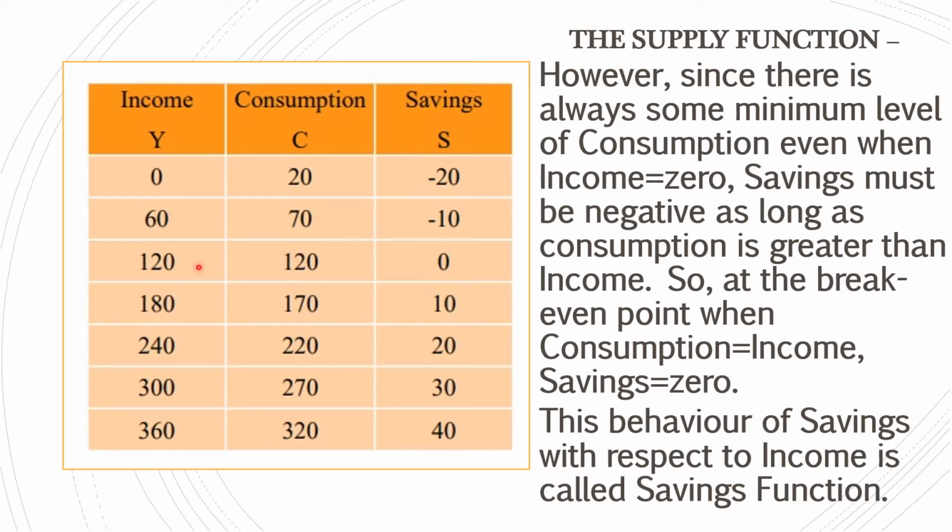You can see here in the table, 120 is equal to 120. So therefore we say at break-even point, that is when consumption is equal to income, savings is equal to 0. This behavior of savings with respect to income is called savings function.